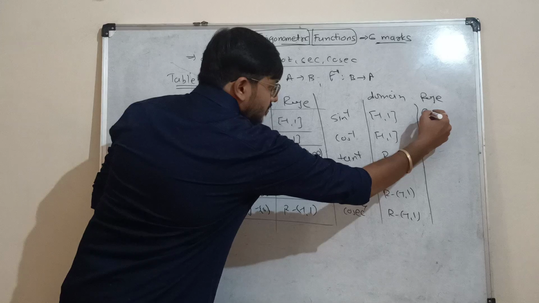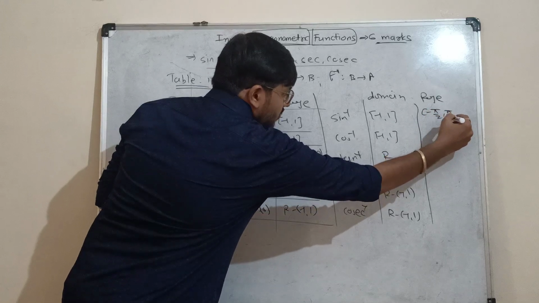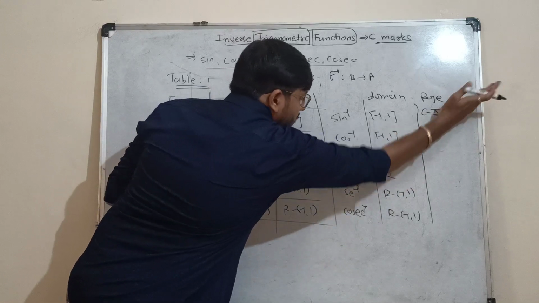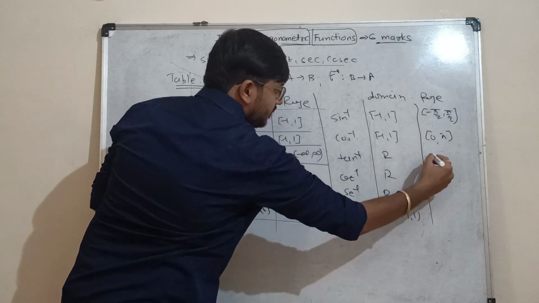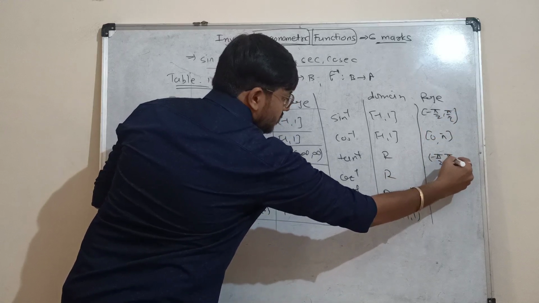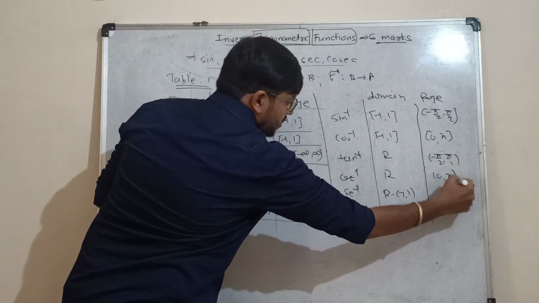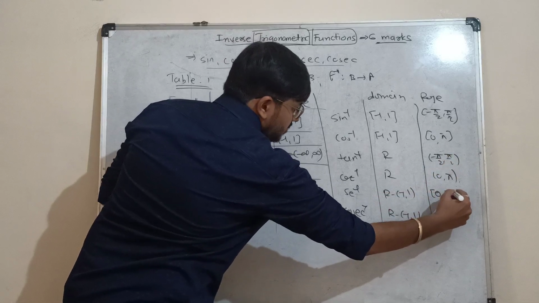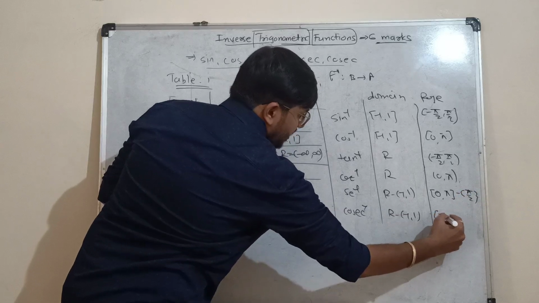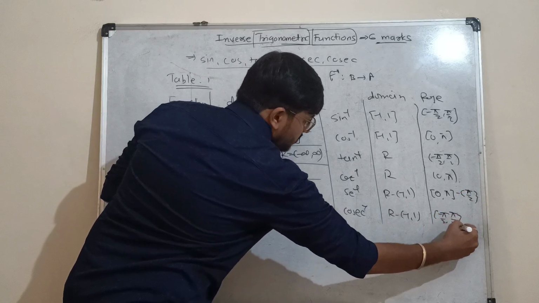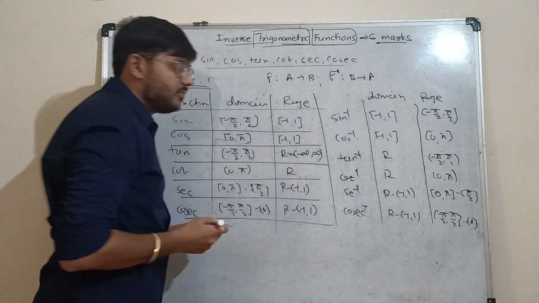That means minus pi by 2 to pi by 2, 0 to pi, minus pi by 2 to pi by 2, 0 to pi, 0 to pi minus pi by 2, and minus pi by 2 to pi by 2 minus 0.